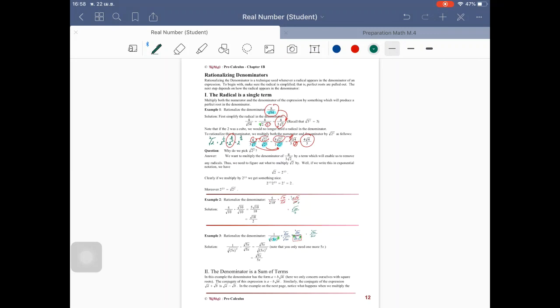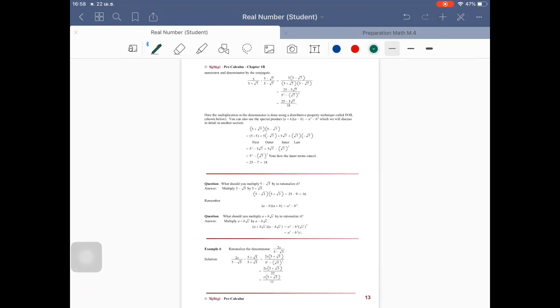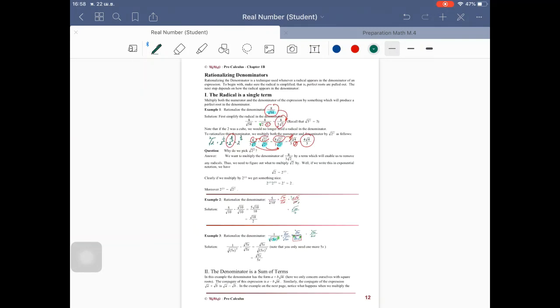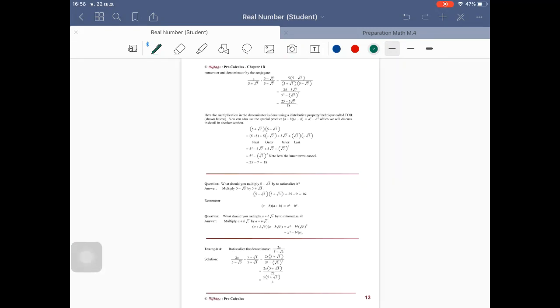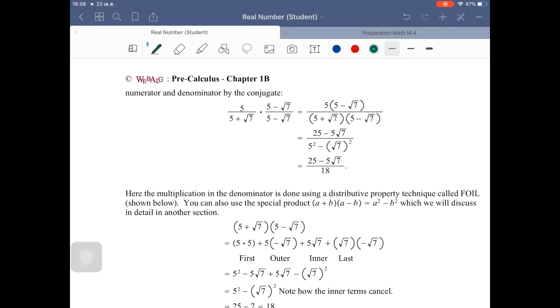Next one, more challenging here. The question is this one. 5 over 5 plus square root 7.